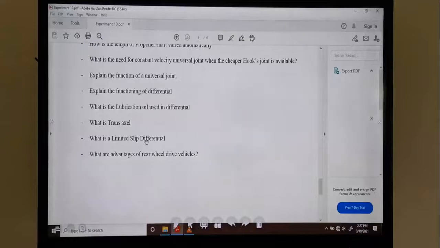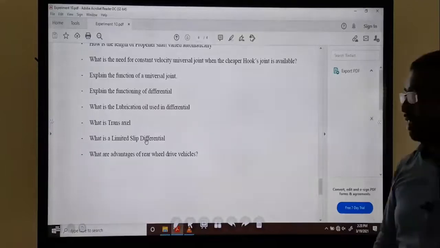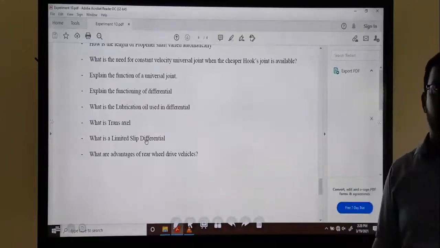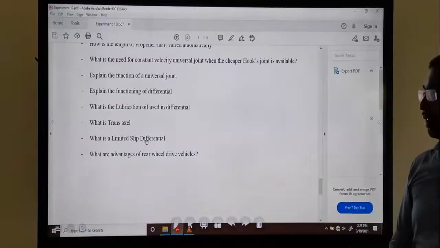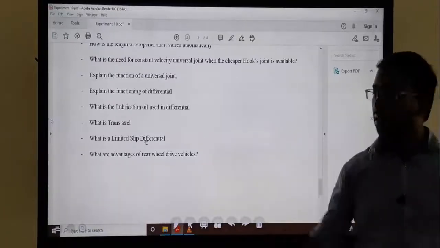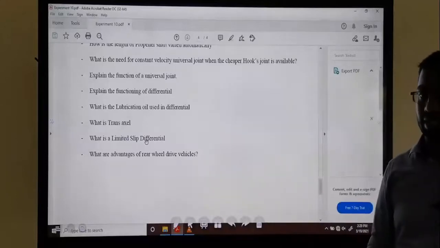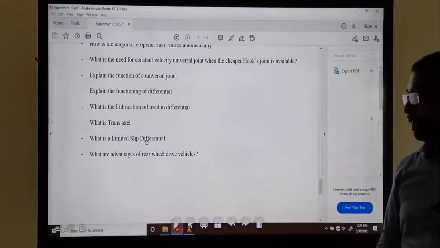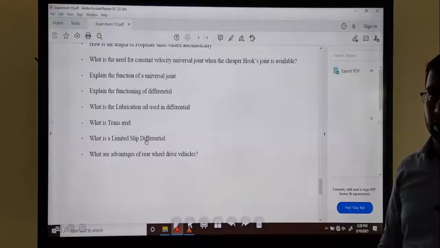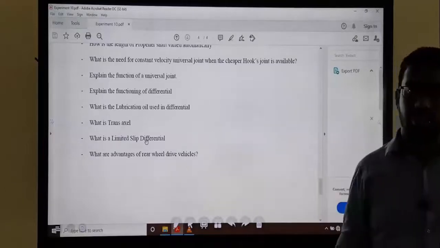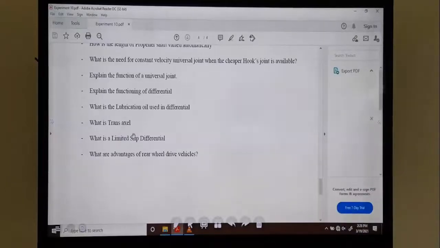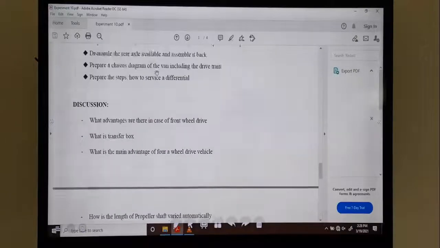They explain very clearly, so you can get a clear idea of what a limited slip differential is, what the parts and components of this differential are, and how it works. You have to analyze and do some research, and here you mention the limited slip differential. So these are the things you have to do.